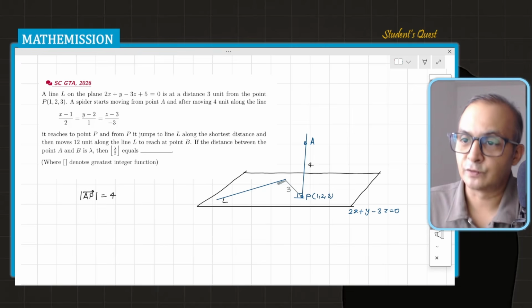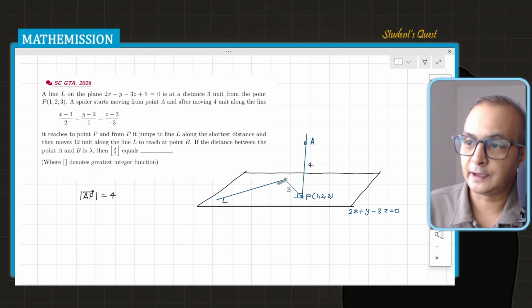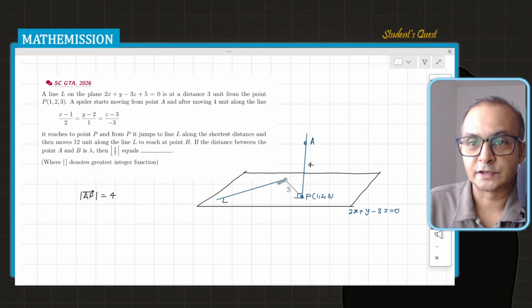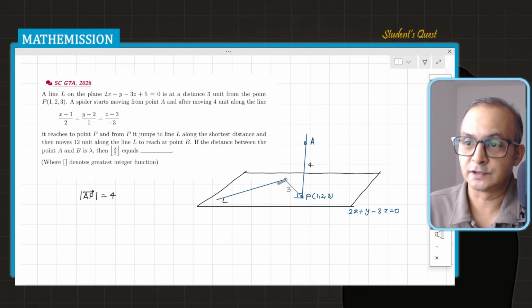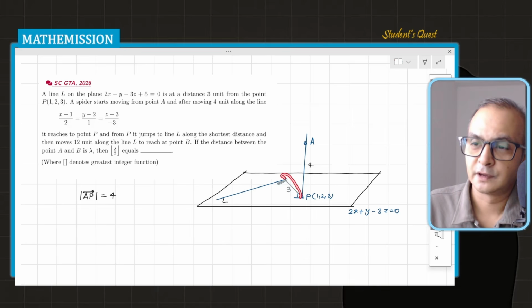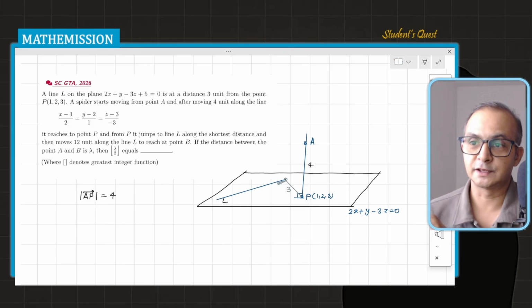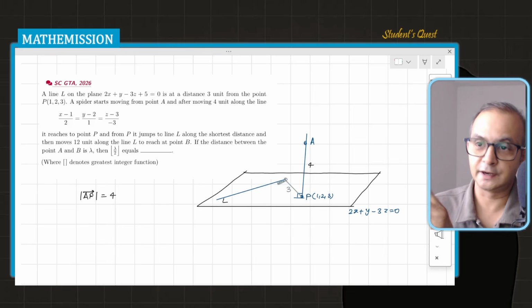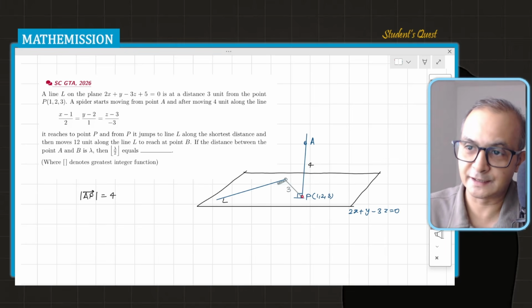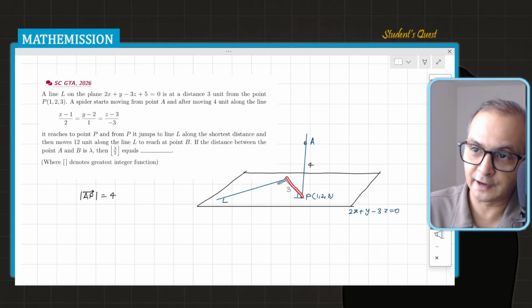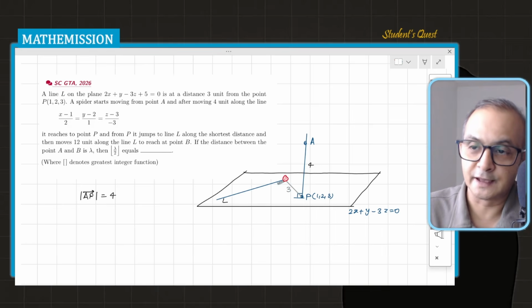Now what happens when it hits this C? It reaches point P, and from P it jumps to line L along the shortest distance. The jumping doesn't mean that we have to see the jump in 3D. We are just seeing that along this line it moves and reaches there.